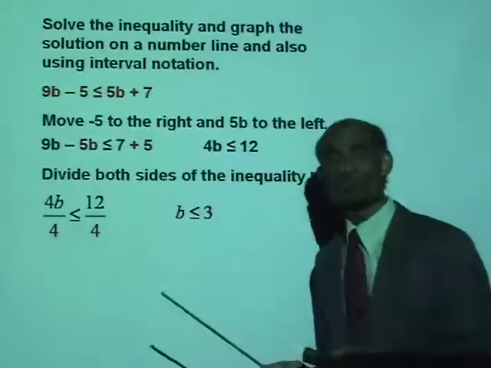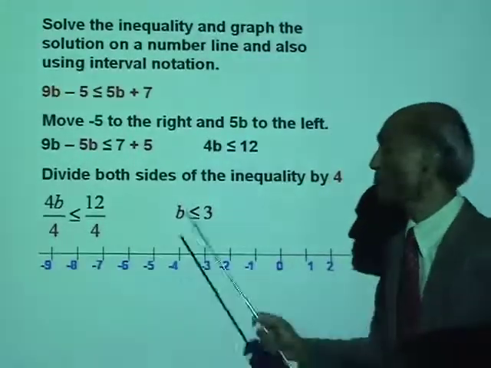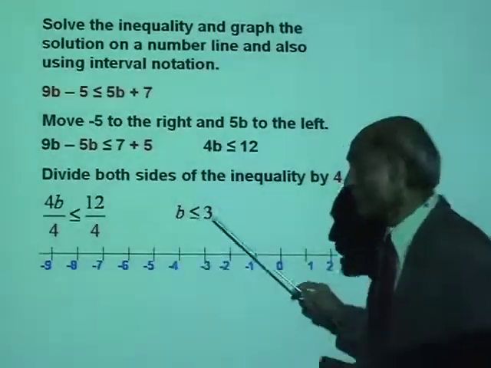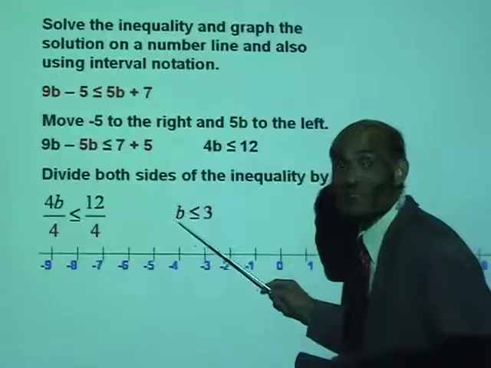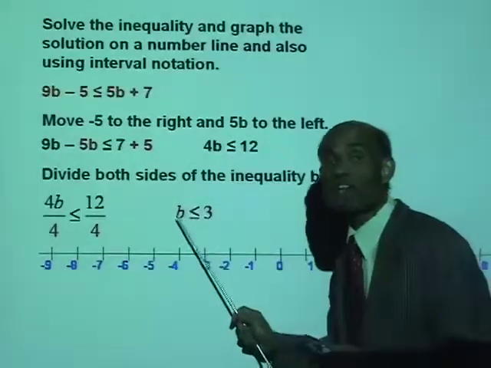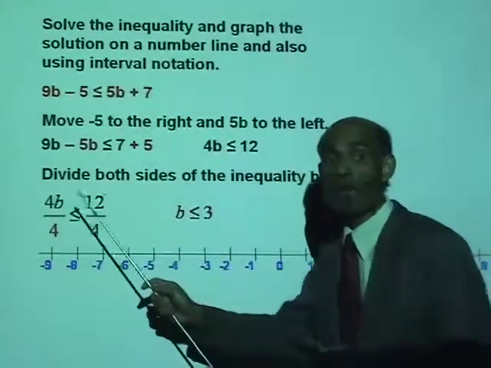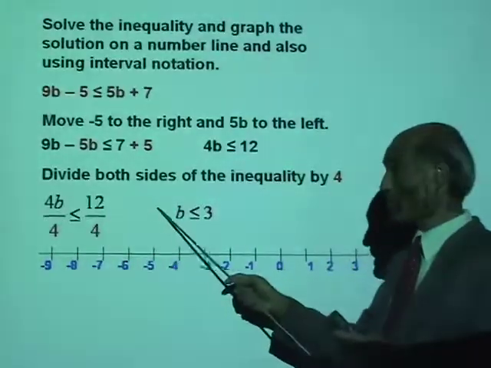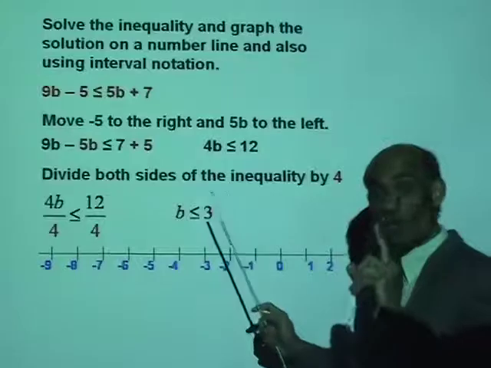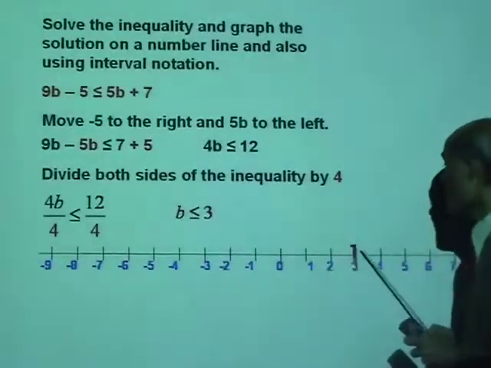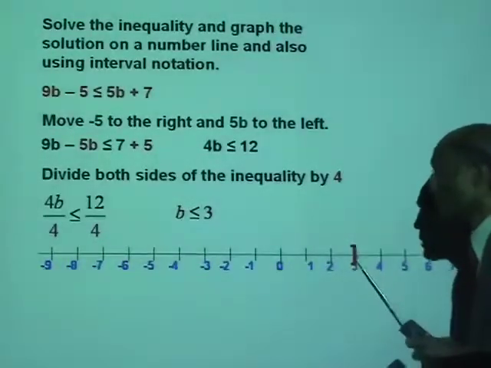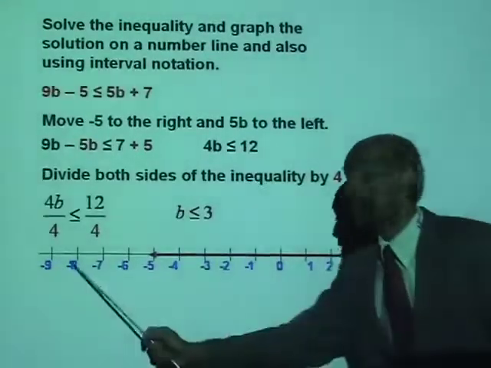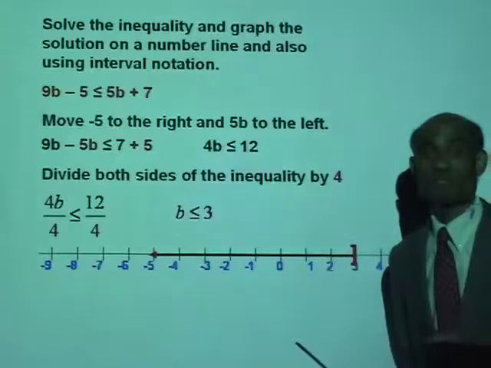Is that right? That's a very simple statement. Now, how would you represent that on a number line? B less than or equal to 3. Now, the sign is facing left. B can have any value starting from where? Starting from negative infinity all the way to 3, including 3. So, I'll put a square bracket on 3 facing left, and then put an arrow all the way to the left.